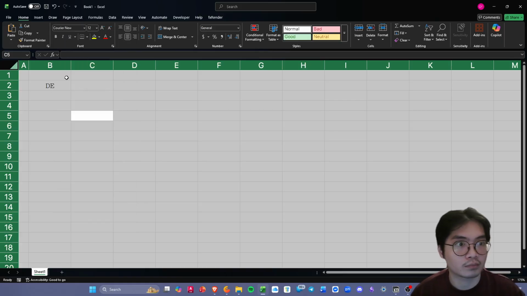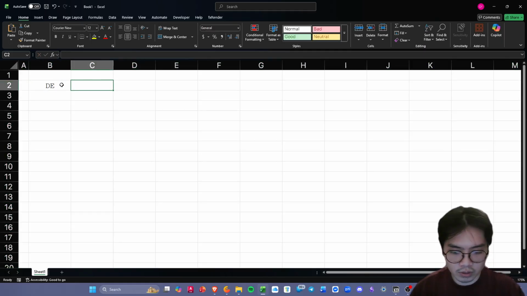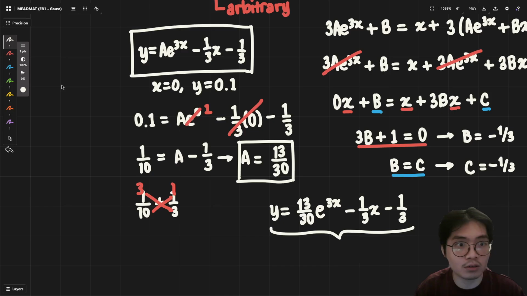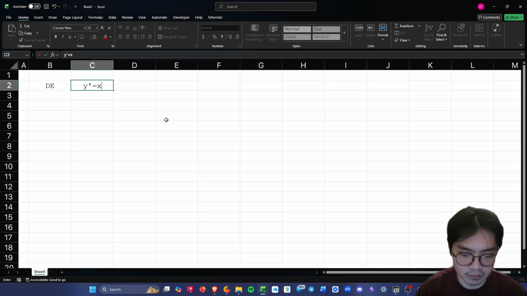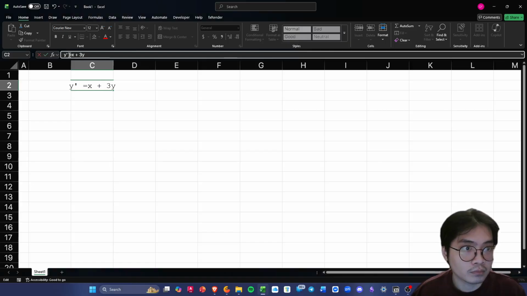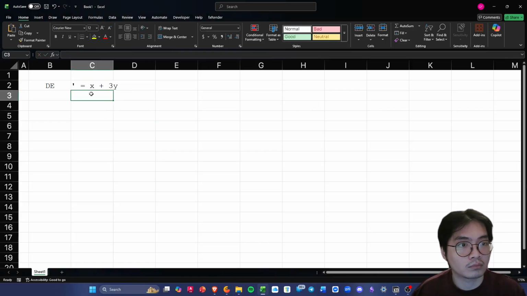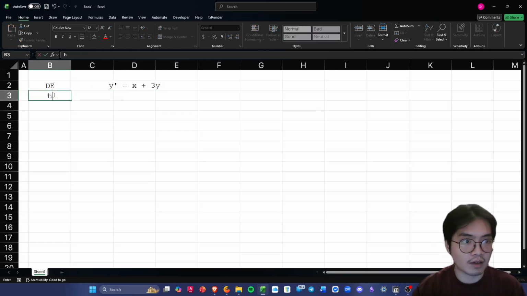Okay, we have our differential equation in here. What you will say is that your y prime is equal to x plus 3y. So let's just enter that. We'll have our h in here.